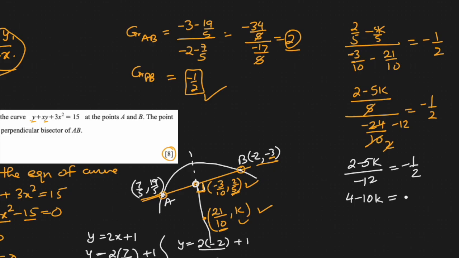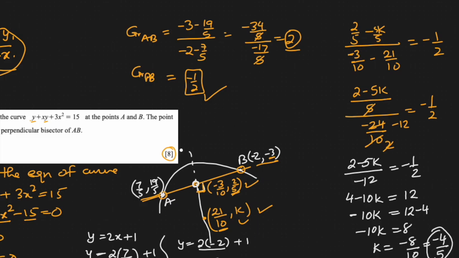Minus 12 will multiply with minus 1 and becomes 12. So minus 10k equal to 12 minus 4. So minus 10k equal to 8. K equals 8 over minus 10, or minus 8 over 10, or minus 4 over 5. This is the value of k they were asking for.